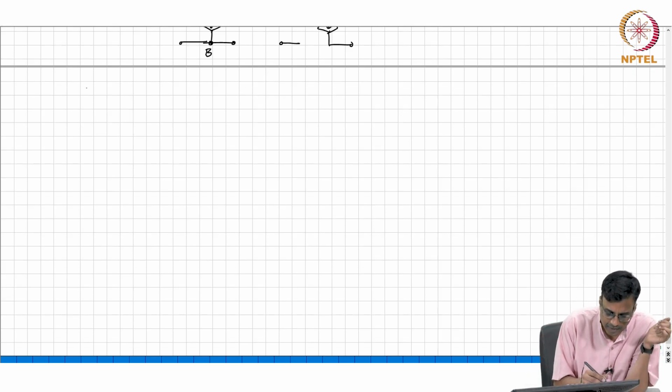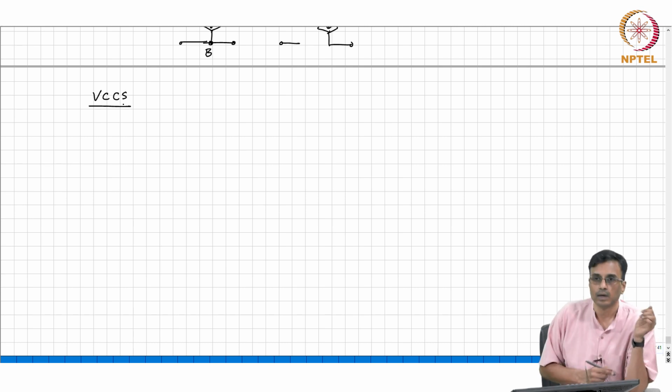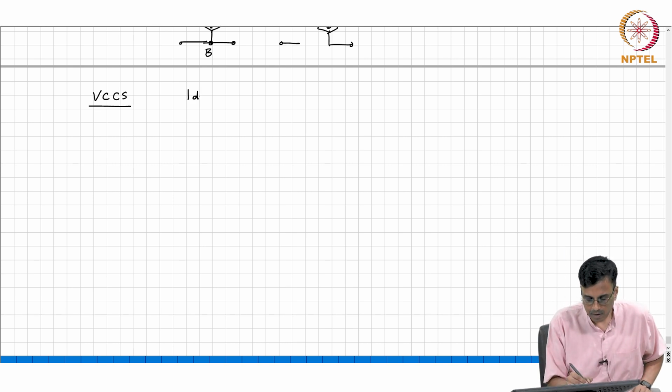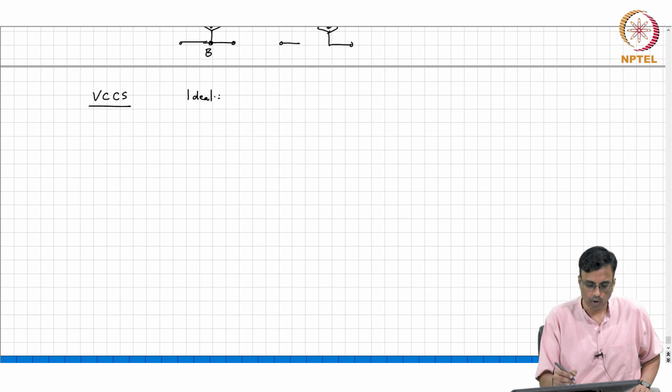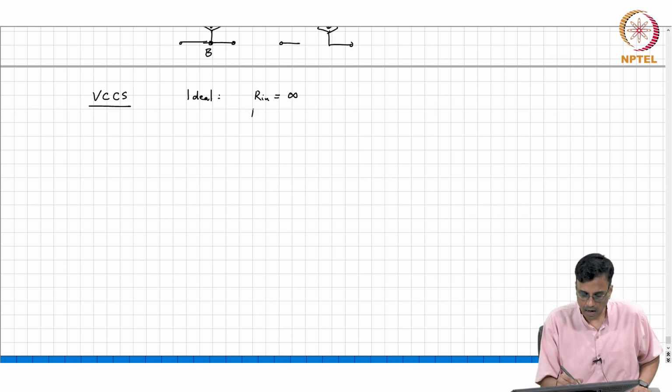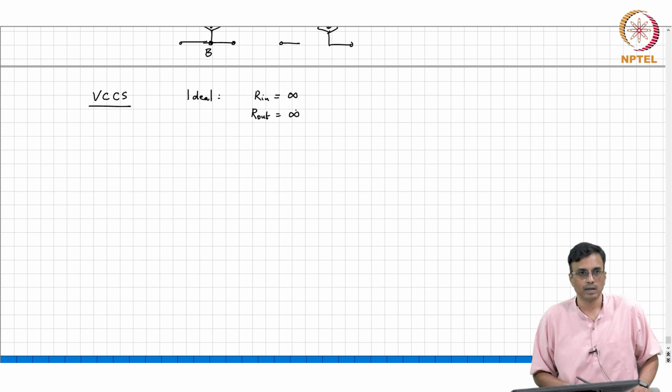Alright. So, the next controlled source is the voltage controlled current source. Quick, what is the input impedance of a voltage controlled current source? Infinite. R out, infinite, okay.